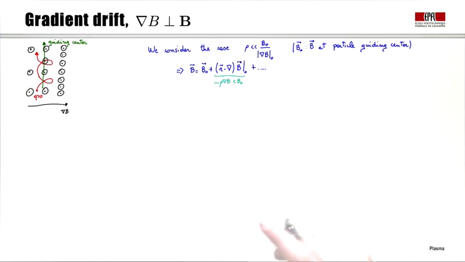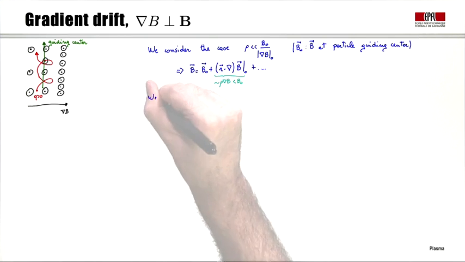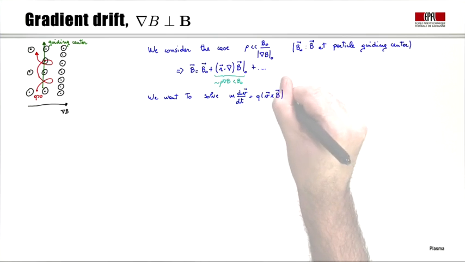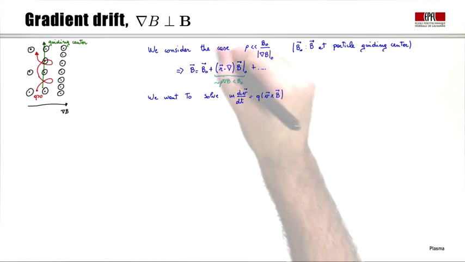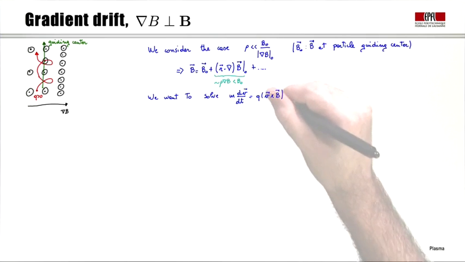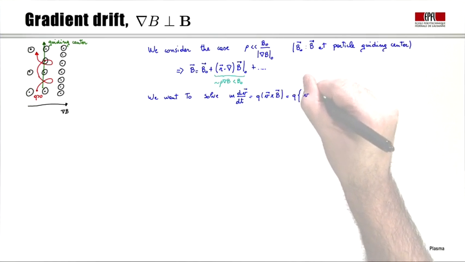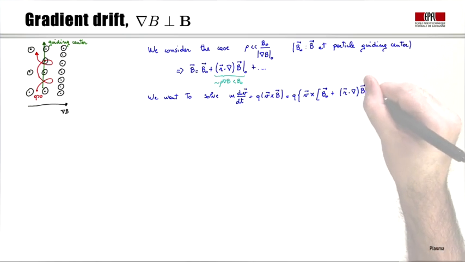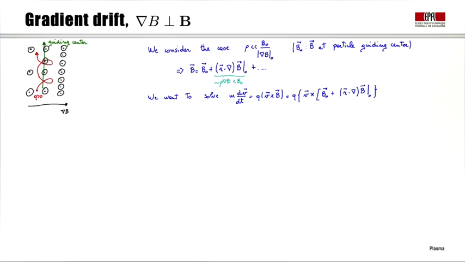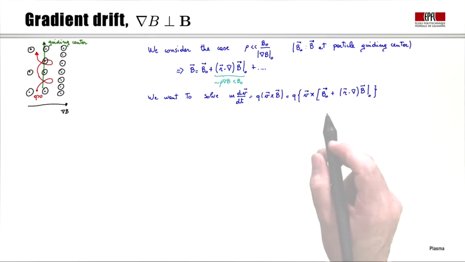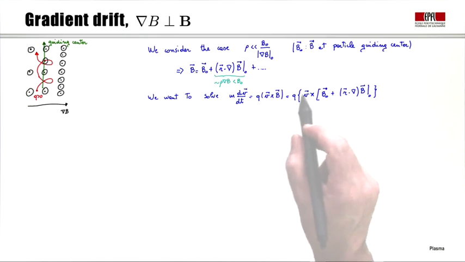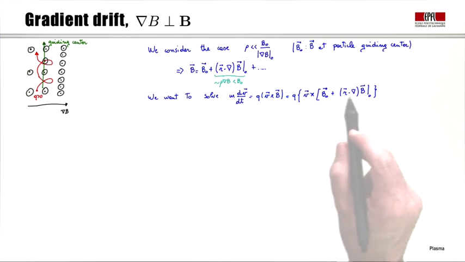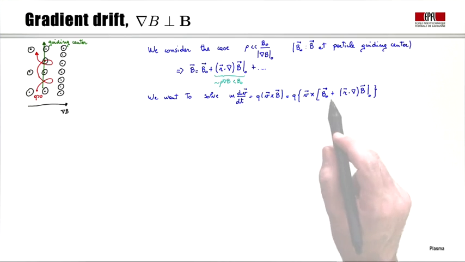Therefore, what we want to solve is basically the Newton equation with the magnetic field that we can expand as here. Now, if we look at this equation, we notice that because of this ordering, this first term will be much larger than the second one.